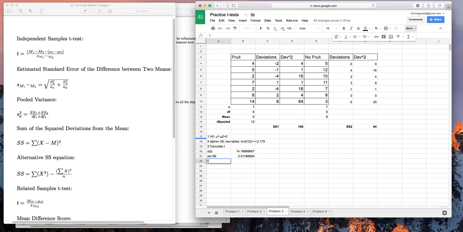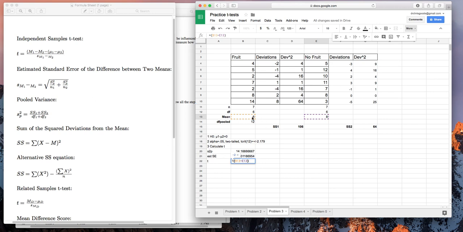That means that t is equal to the difference between our two sample means, mean 1 minus mean 2. Now, technically we'd subtract mu1 minus mu2, but that's always going to be 0 because of the null hypothesis.